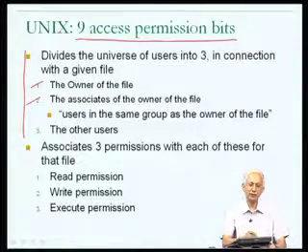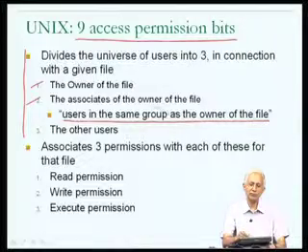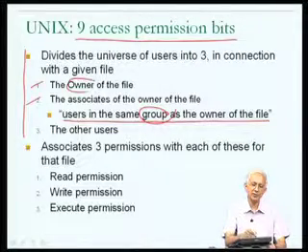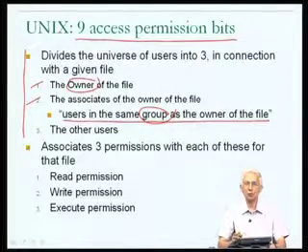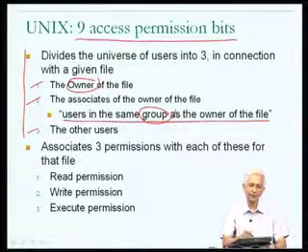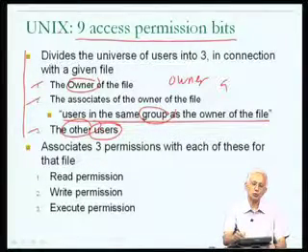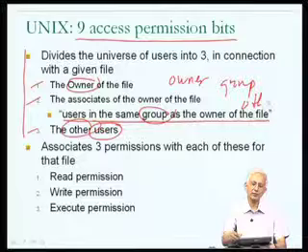And this is typically referred to as the users who are in the same group as the owner of the file. The key word there is group. The key word in the first grouping was owner, the key word in the second grouping is group. And the third set of users that the operating system maintains information about in connection with each file is what is known as the other users or other. So there are owner, there's group, and there's others.